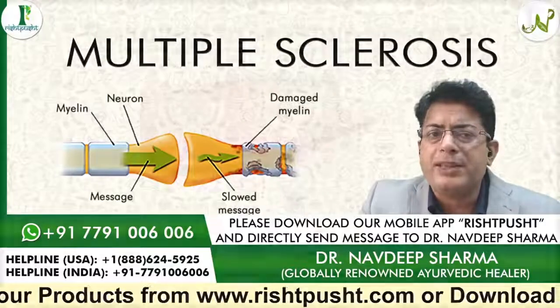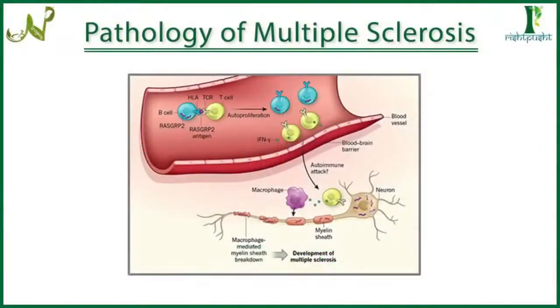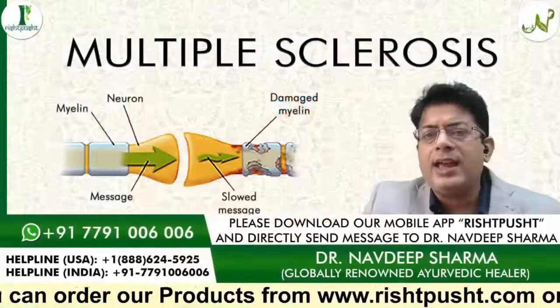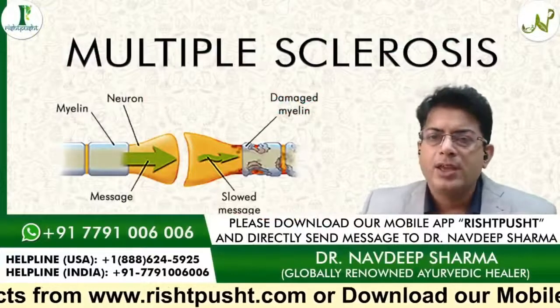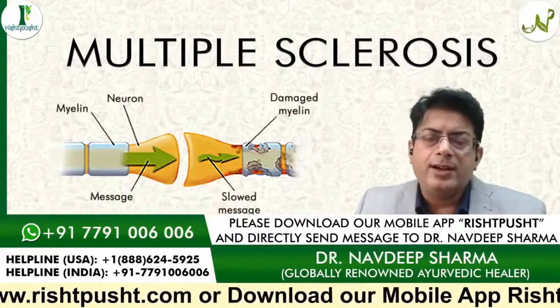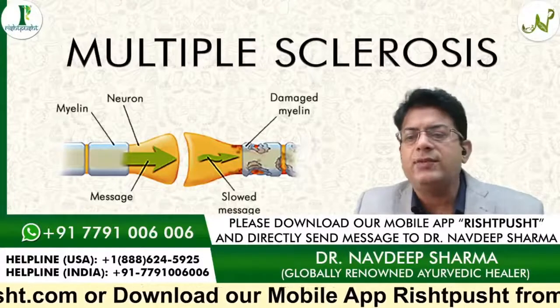If we talk about the pathology of multiple sclerosis, what exactly happens when a patient is suffering from it, you can see a normal nerve cell and how in a patient suffering from multiple sclerosis, the nerve cell is damaged, it's not the same. When I compare nerves, in layman language I always guide my patients that we can compare our nerve cells to electricity wires.